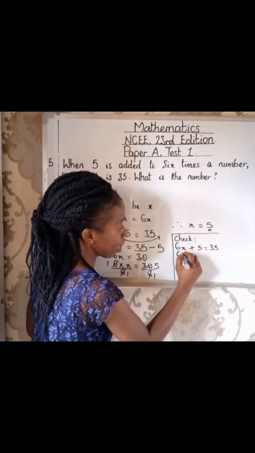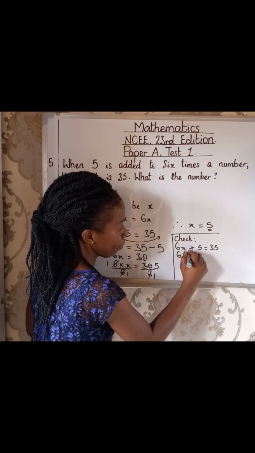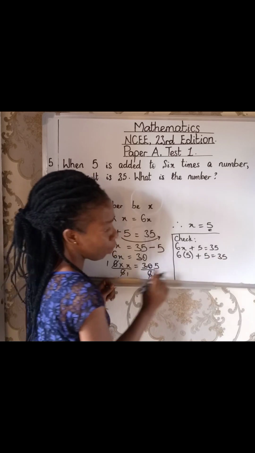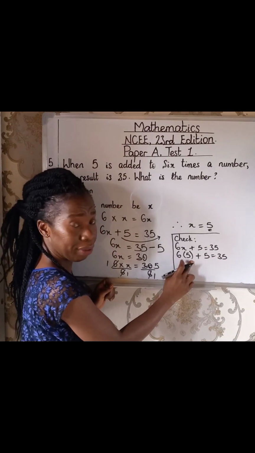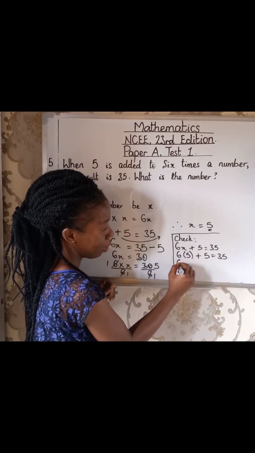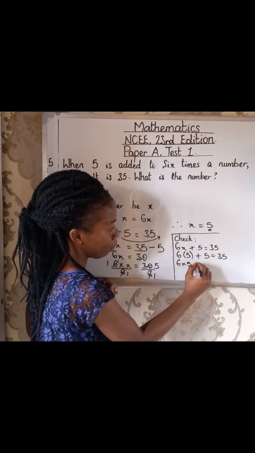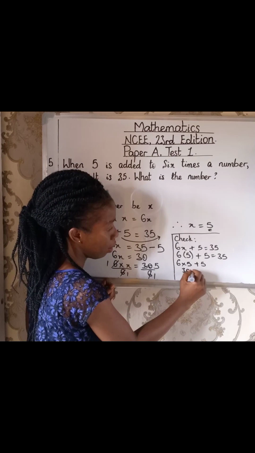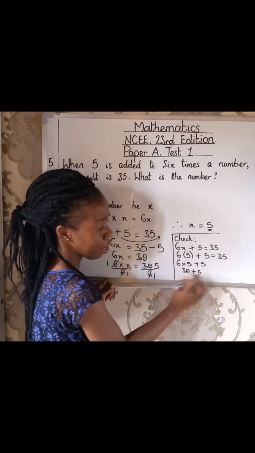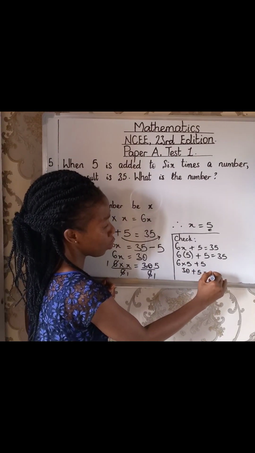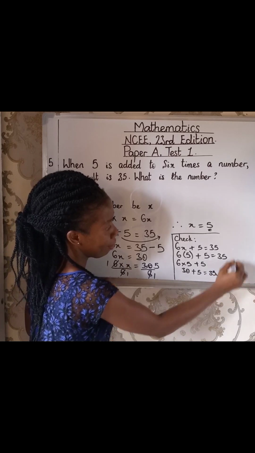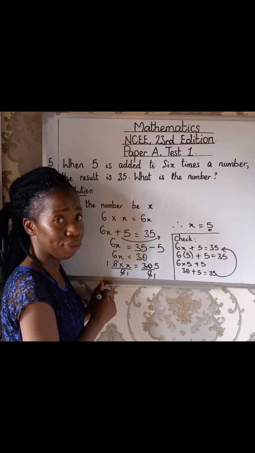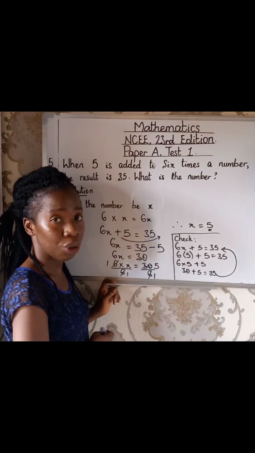So this is 6, in brackets 5, plus 5, which is equal to 35. This means 6 times 5 plus 5. 6 times 5 is 30, plus 5. What's 30 plus 5? And you see we have this answer, 35. So this is how to do a very quick check to know if what you did is correct.